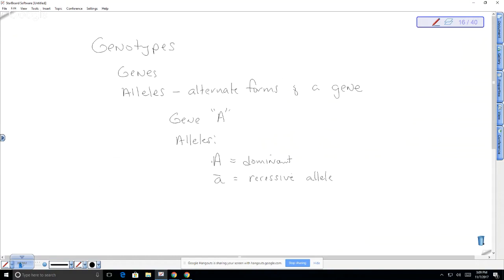I'm just assuming that there are only two versions. There could be multiple versions of gene A, but we're just interested in these two because we're looking at a very simple system. So when we look at the genotypes, you could have two big A's and you would be homozygous dominant.